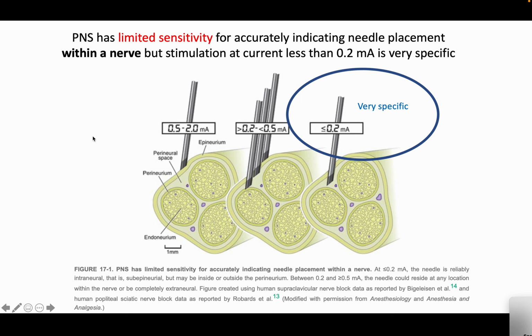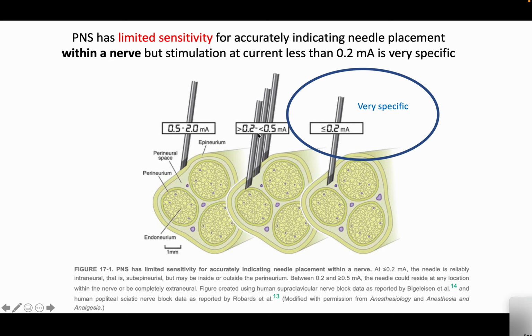So remember, I mentioned that some people use the peripheral nerve stimulator not to localize the nerve, right? They use ultrasound to localize the nerve, but use the peripheral nerve stimulator to rule out the fact that the needle is within a nerve. So unfortunately, the sensitivity of this is very limited. But the specificity of intraneural placement with very low current, when you have a brisk twitch at less than 0.2 milliamps and 0.1 milliseconds, then it's very specific that you are intraneural.